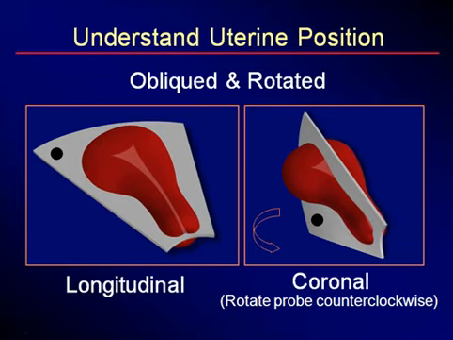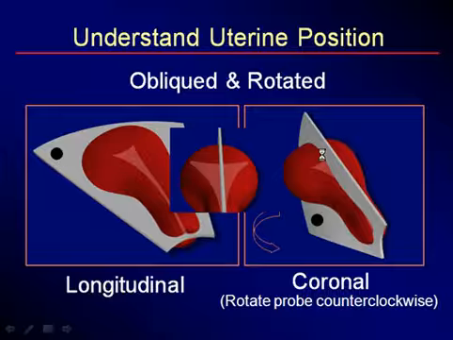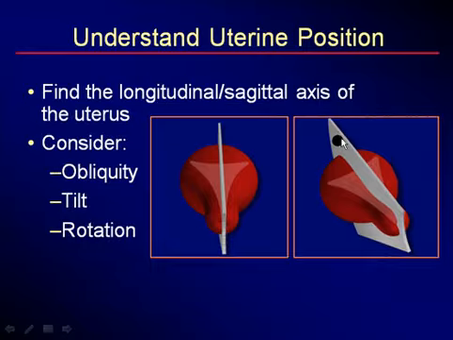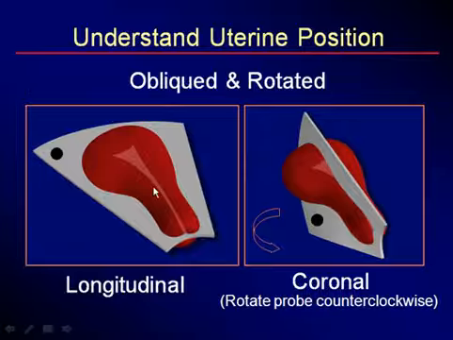Now notice where I have this black dot. This black dot means that it's the top of the ultrasound beam. Okay, so as we come in sagittally, this is the top of the beam. And in order to find this uterus, which was actually rotated and obliqued, we had to turn so that the top of the beam is here.